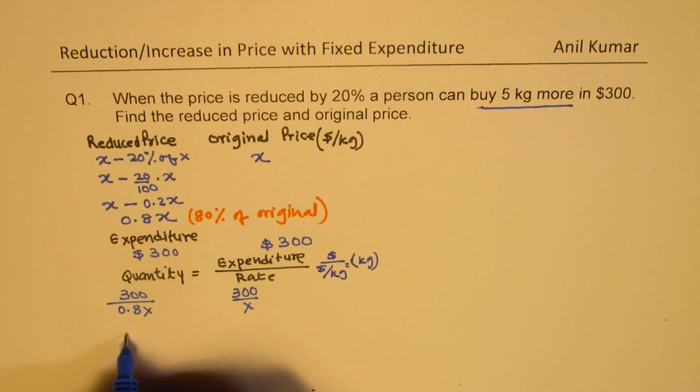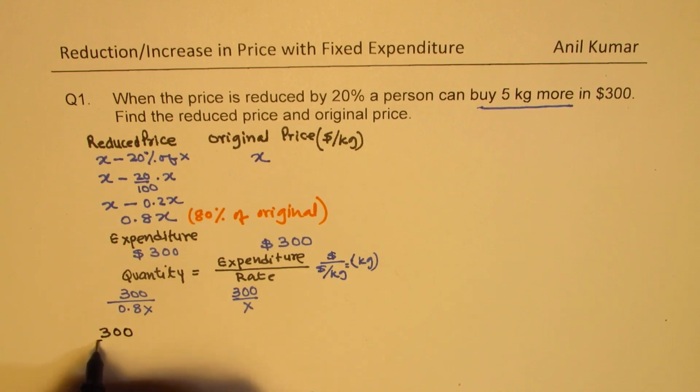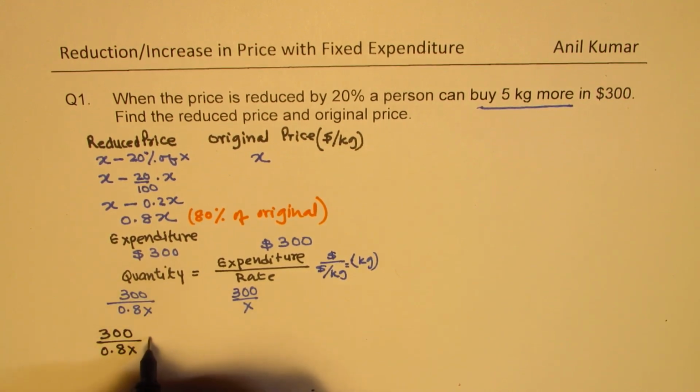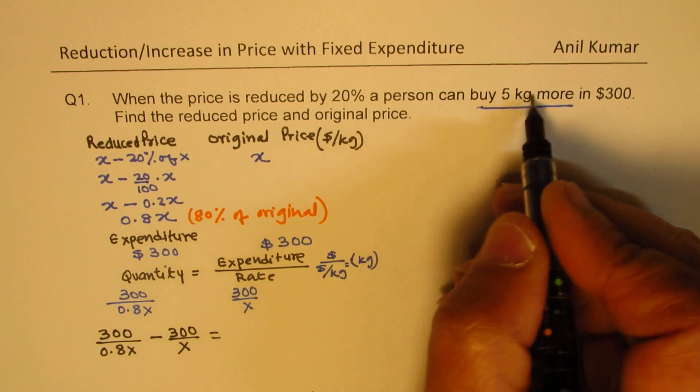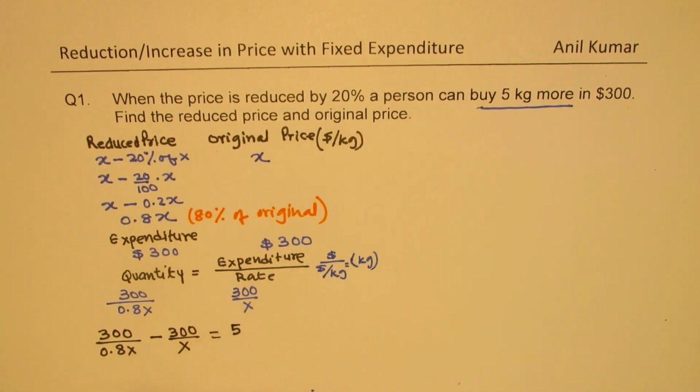So we can now write our equation: 300 over 0.8x, this quantity is more, minus 300 over x, and it is more by 5 kg. Do you see that? So we get our equation.